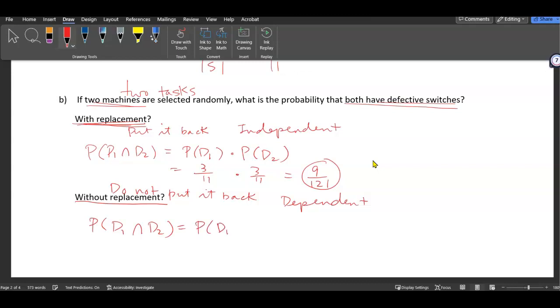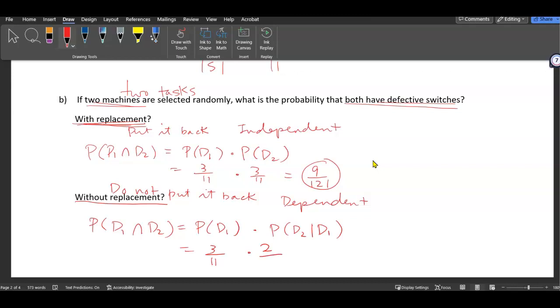So your first one is still 3 out of 11 defective, but your second one, because it's dependent, is actually given, you have to consider given your first one being defective, right? So then your total defective, because you didn't put back, is now 2, and now your sample space got changed.